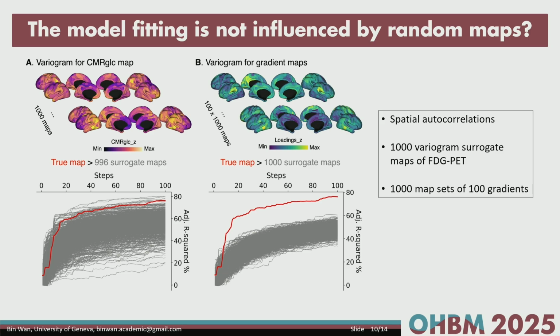We first permute the glucose metabolism map for 1,000 times. We see that the empirical fitting is greater than 996 surrogate maps. And when we permute the gradient maps 1,000 times, we find the empirical map is greater than all 1,000 surrogate maps.